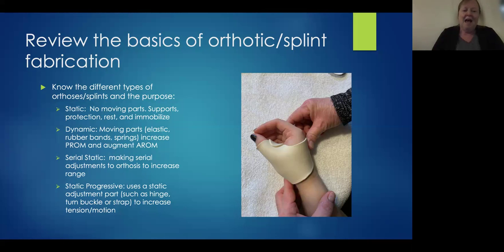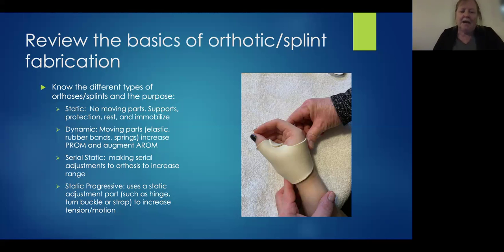A static orthosis is also used to immobilize structures. Sometimes a doctor will write an order that just states, immobilize this joint, and we make a static orthosis to completely immobilize it.